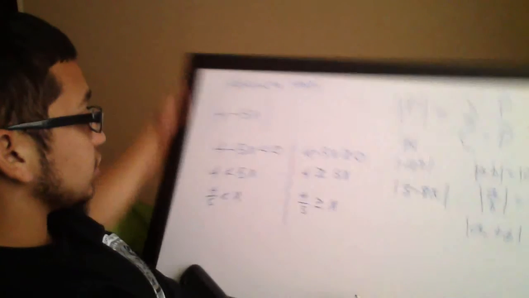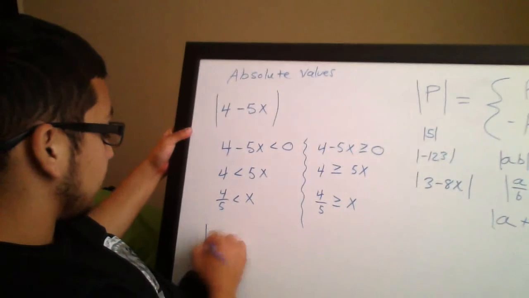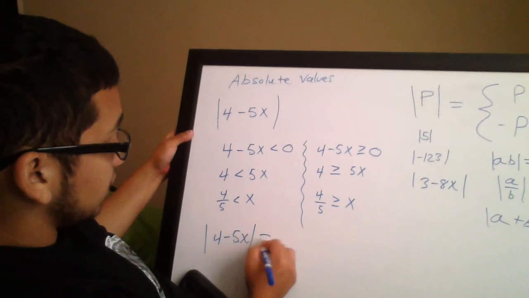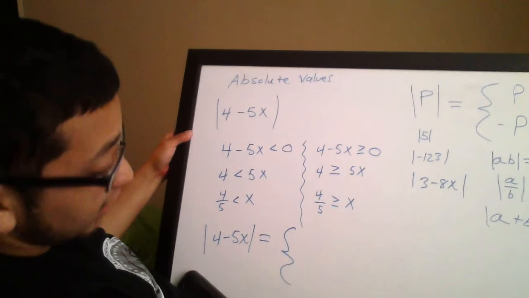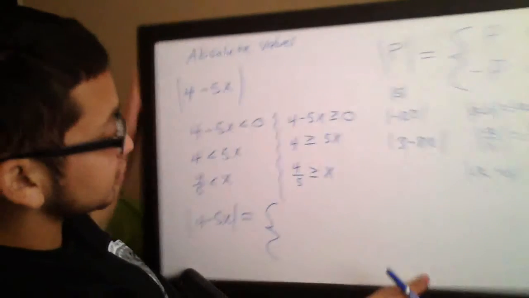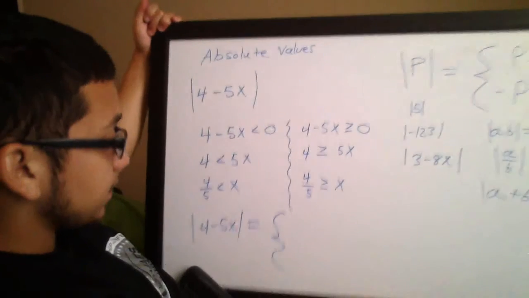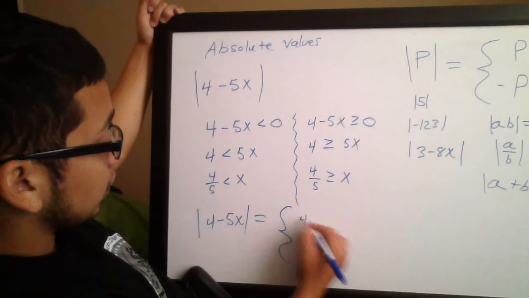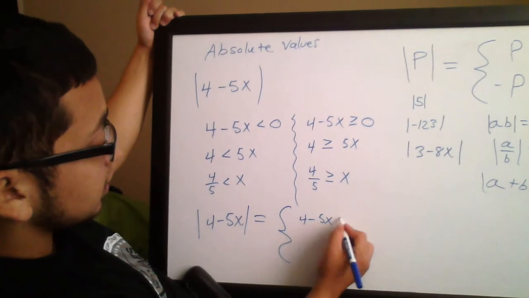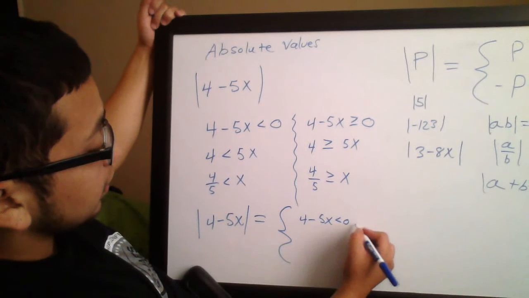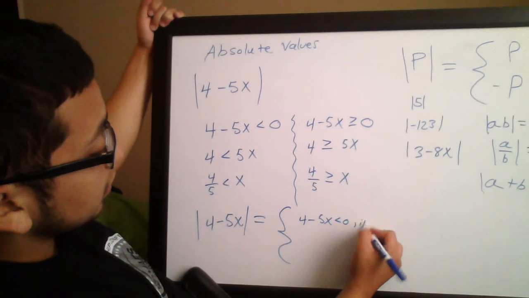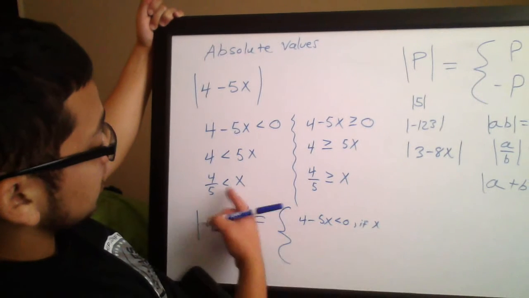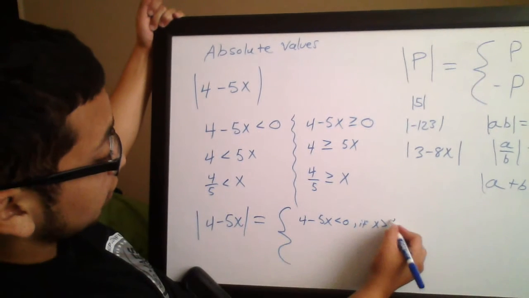So then you would write the answer to say the absolute value of 4 minus 5x is equal to, you put brackets to signify that there's two answers to this. So you'd say it's equal to 4 minus 5x is less than 0, comma, if x is greater than 4 over 5.